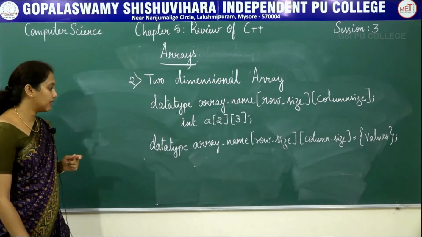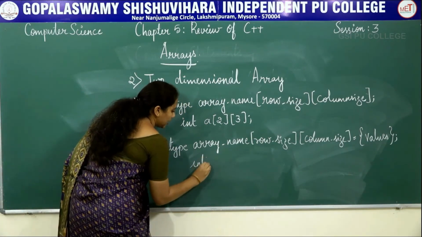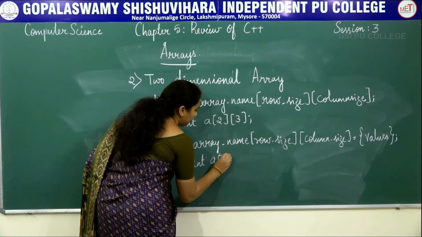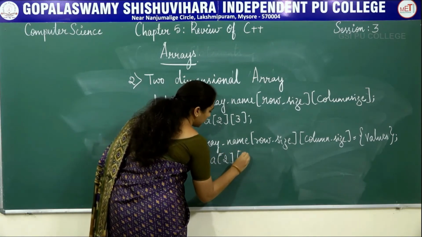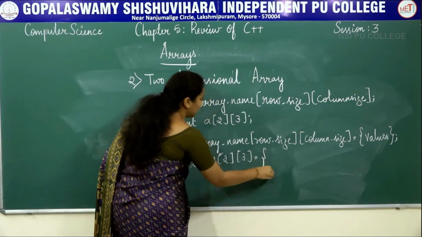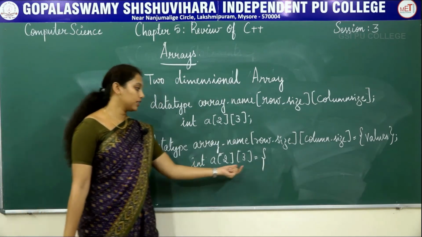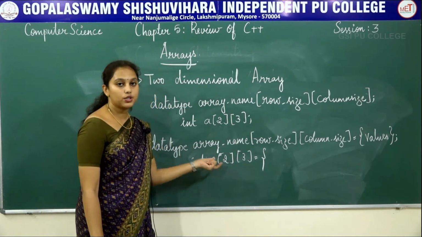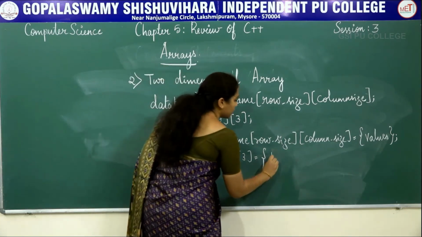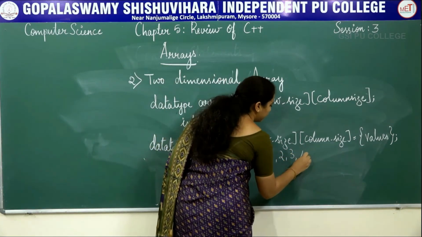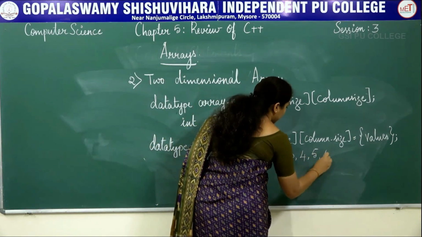An example is int a of 2 cross 3. How many elements can it store? 2 cross 3 means 6. So it can store 6 elements: 1, 2, 3, 4, 5 and 6.